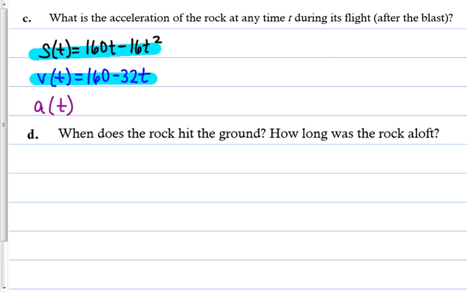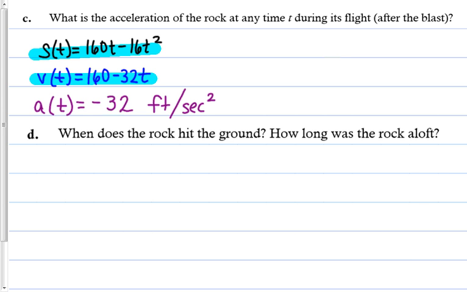So acceleration is the derivative of the velocity, or the second derivative of position, however you want to look at it. The 160 becomes 0, and the minus 32t becomes negative 32. And so my acceleration is negative 32 feet per second squared. Because remember, this is a rate of a rate, seconds squared.